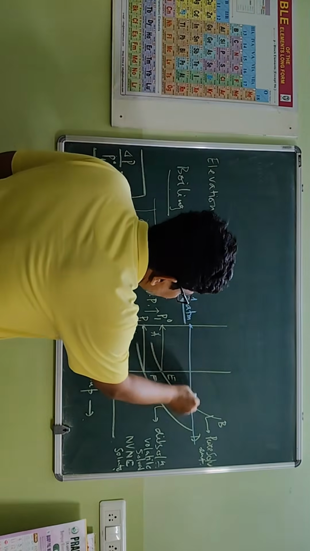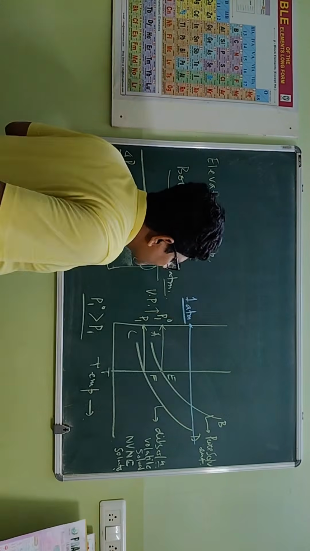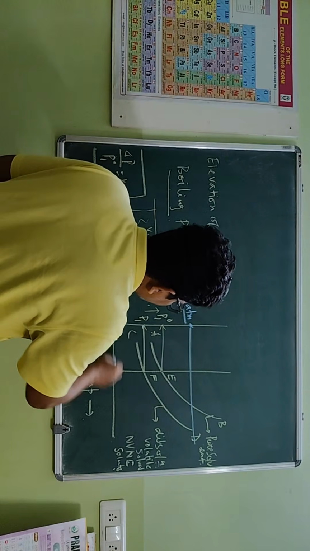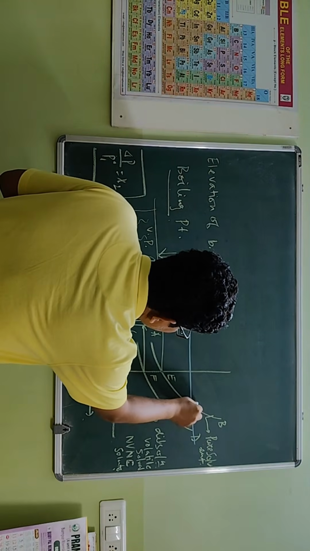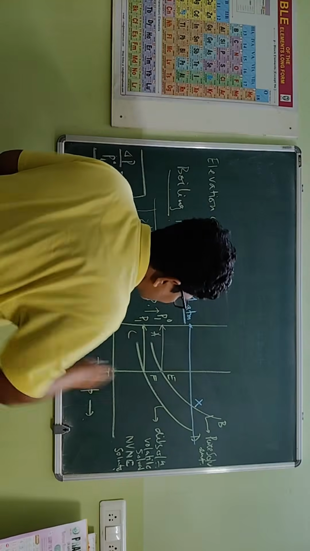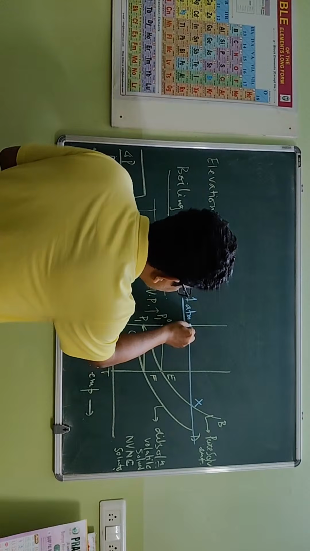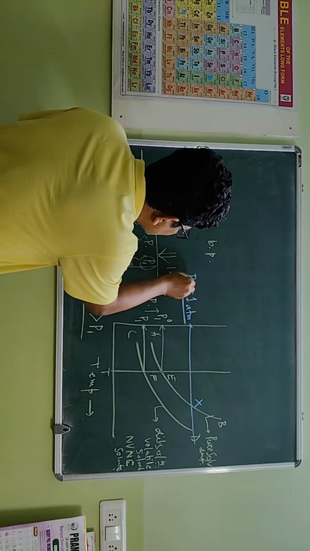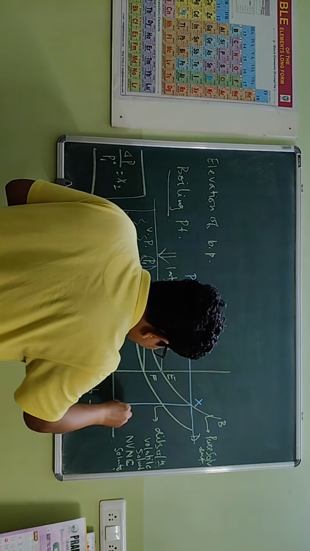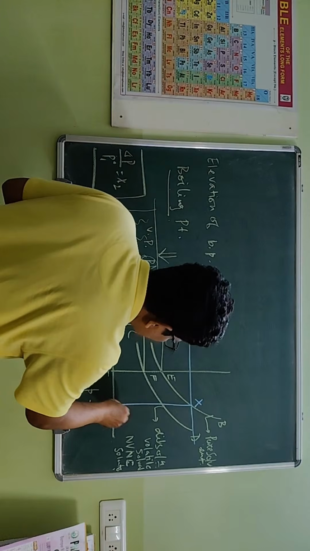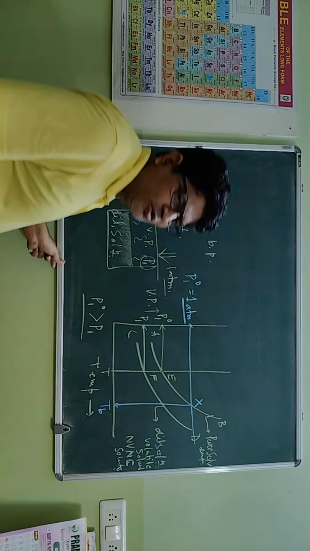So at this point, when we draw a line parallel to the x-axis from one atmospheric pressure, it will cut the AB curve at a point X. Suppose this point gives us the value of vapor pressure of pure solvent as 1 atmosphere, which is equal to P1 naught by notation, and if we draw a perpendicular to the x-axis from the point X, that will give us the boiling point of the pure solvent.